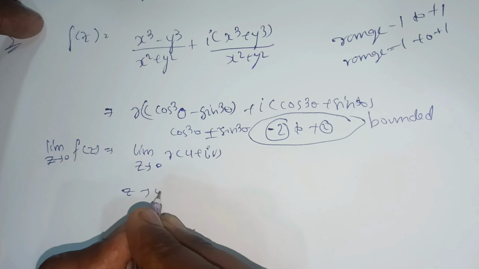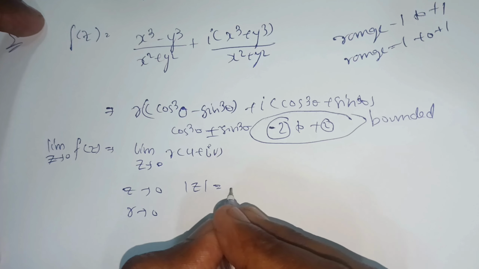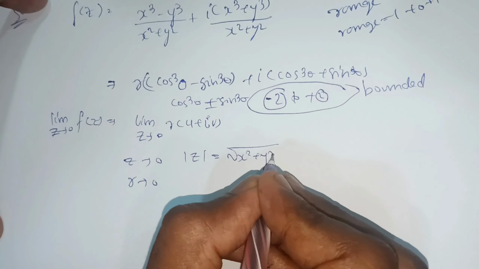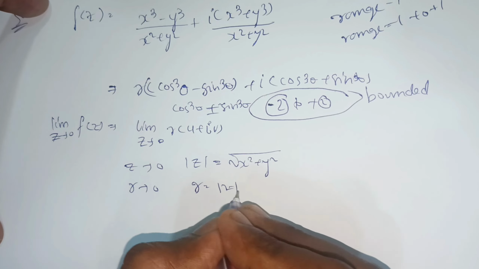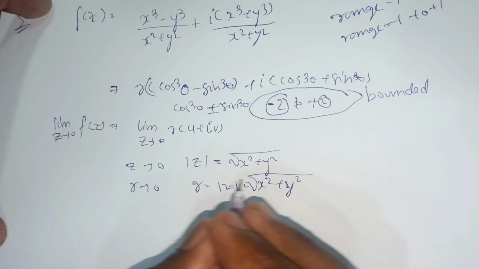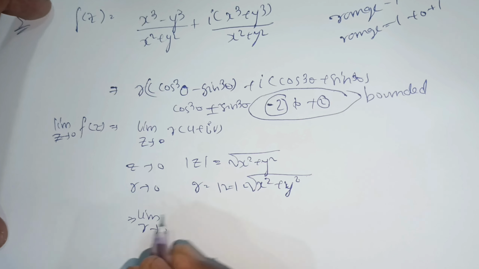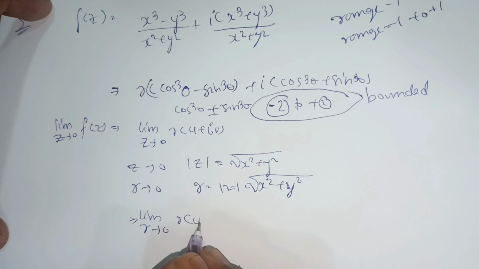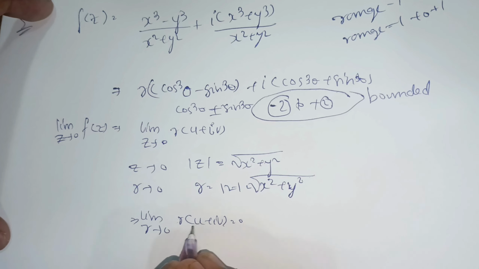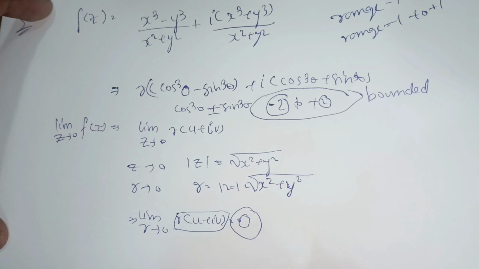As z approaches 0, r also approaches 0, because mod of z equals the square root of x square plus y square, so r equals mod z. So the limit as r tends to 0 of r into (u plus iv) equals 0. Substituting in this, we get the answer as 0.